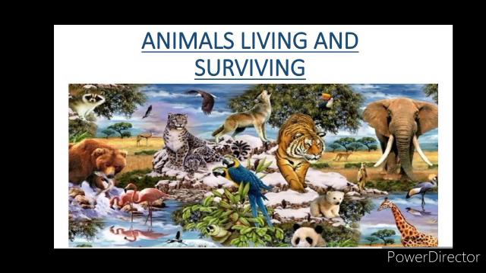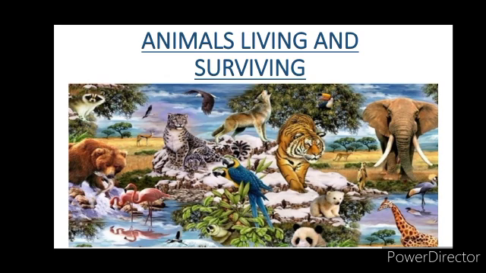Students, we are in the Animals Living and Surviving chapter, right? A variety of animals are found everywhere on the earth. To understand the world of animals better, we can divide them into two groups: vertebrates and invertebrates. Vertebrates are animals that have backbones.